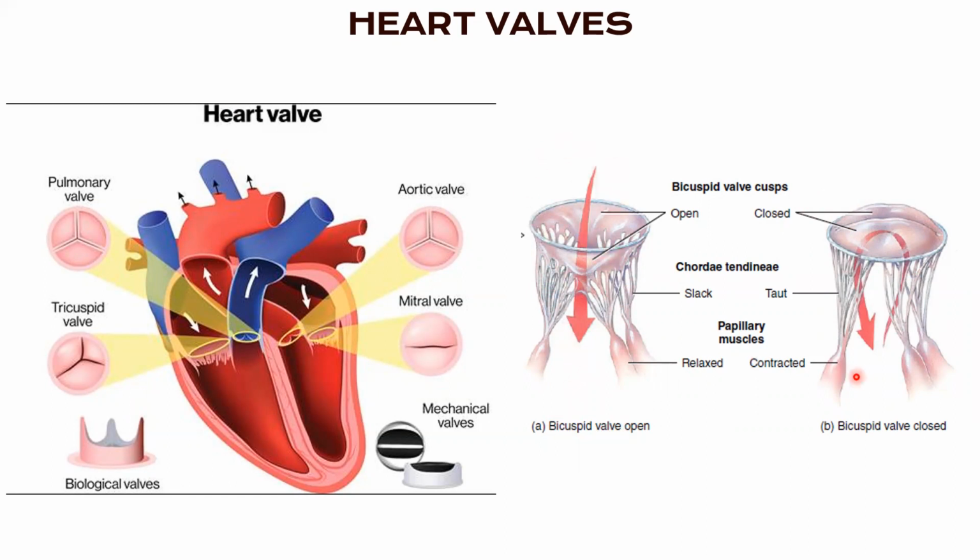Once that happens, to prevent the backflow of blood back to the left atrium, the valves need to close, and the papillary muscles contract, which makes the chordae tendineae taut.